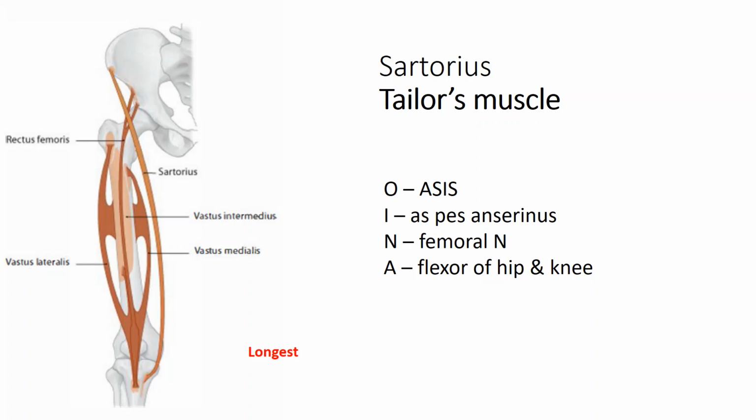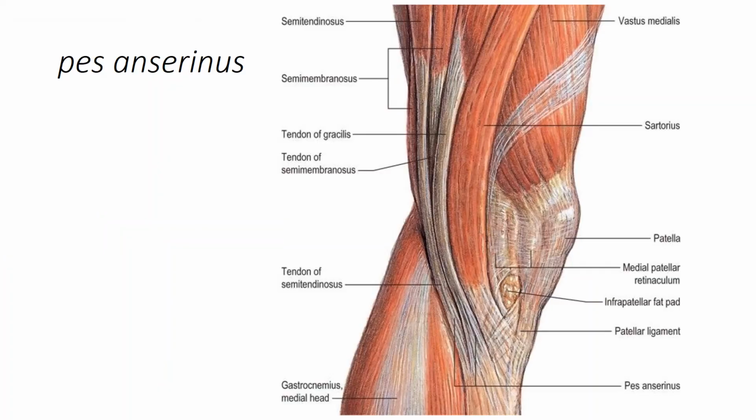Then this is supplied by the femoral nerve. This is how these three are attached: sartorius most anteriorly at the pes anserinus, then just posterior to that is the gracilis, the tendon of the gracilis inserting, and just posterior to that is the tendon of the semitendinosus from the back of the thigh, from the posterior compartment.